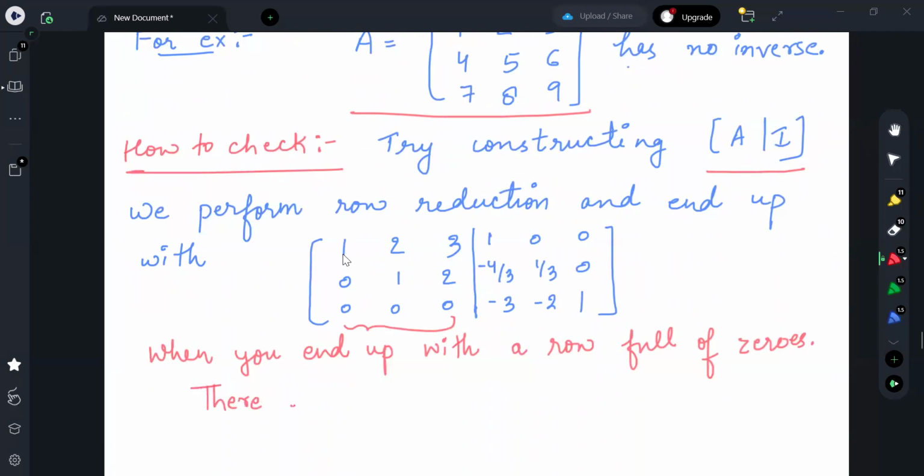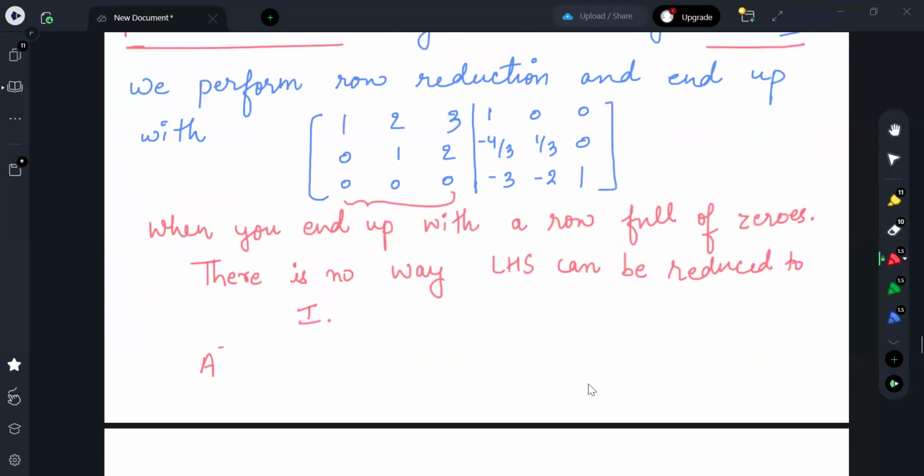No row operation can make this left-hand side an identity matrix, or reduce it to the identity matrix, right? And for cases like this, we say that A inverse does not exist.